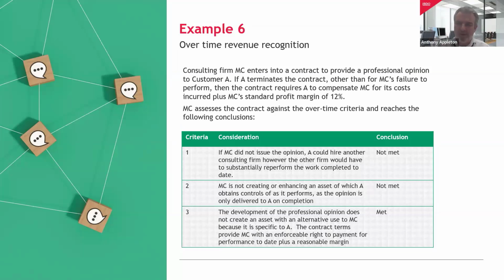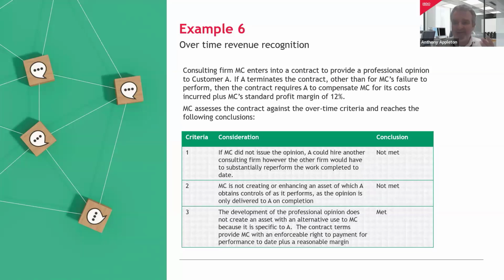So what would that management consulting business do? It would go through those 3 criteria to see, does it meet one of them? So in the first one, which was about, does the entity simultaneously receive and consume the benefit? Well, no. If the management consulting business is only halfway through developing their opinion, doing their research and analysis, there's nothing with their customer.